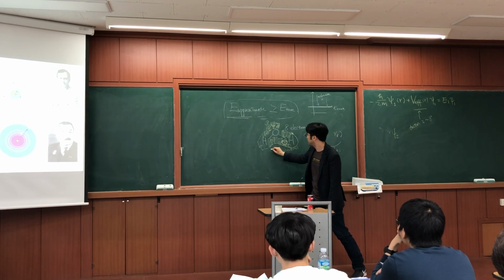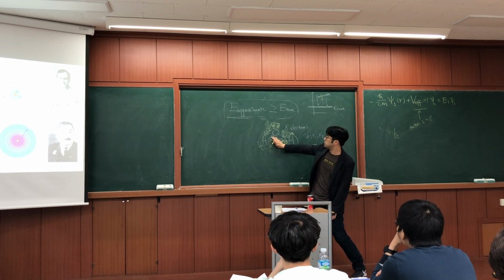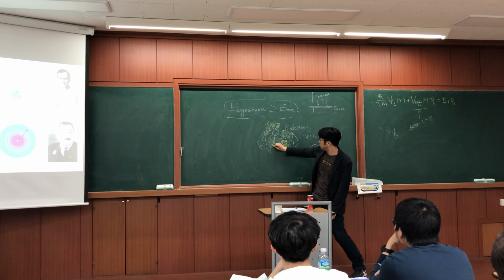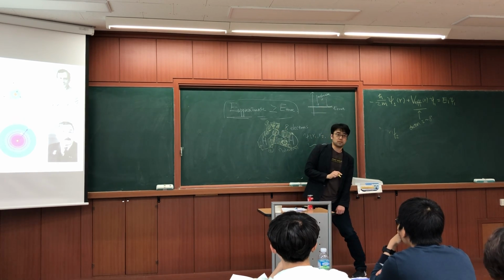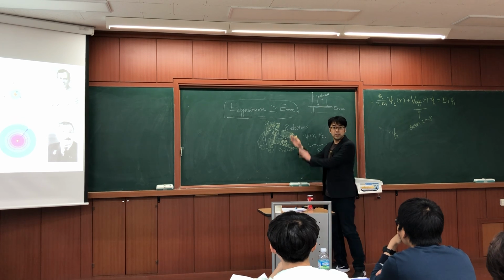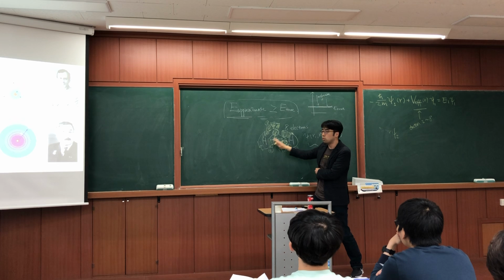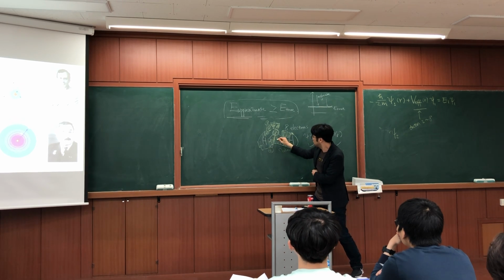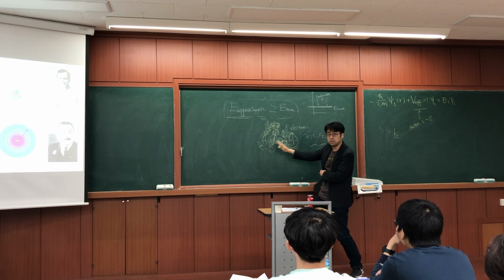Let's assume that if the electron is here and there is no other electron, then it is attracted by this 6+ nucleus, right? But since we are assuming that other electrons are all spread over here, the negatively charged cloud is surrounding these nuclei.